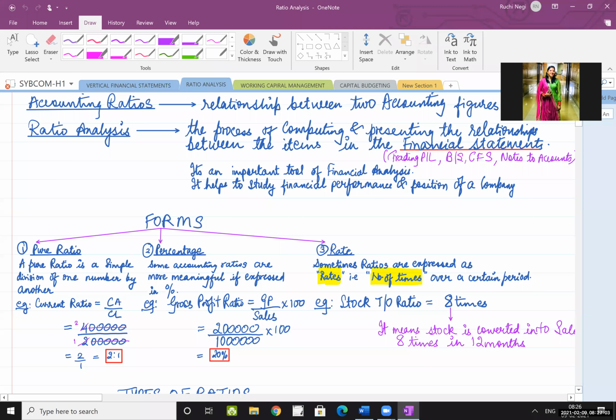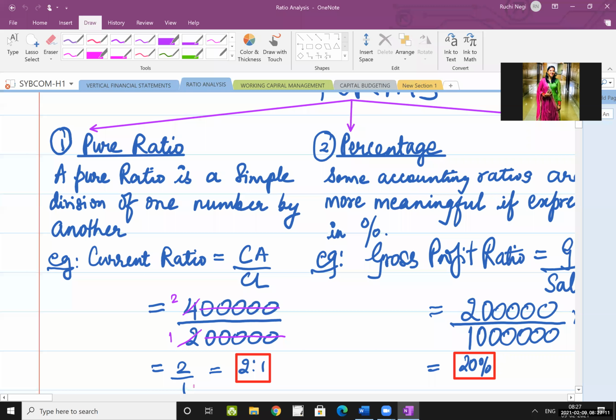If you strike off the zeros and reduce this, it comes to 2 upon 1. So I can write this in the form of 2 is to 1. This 2 is to 1 is a pure ratio.